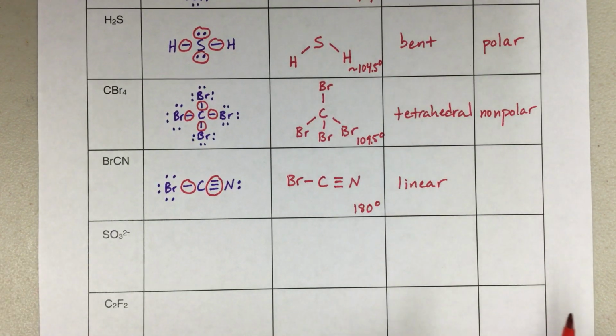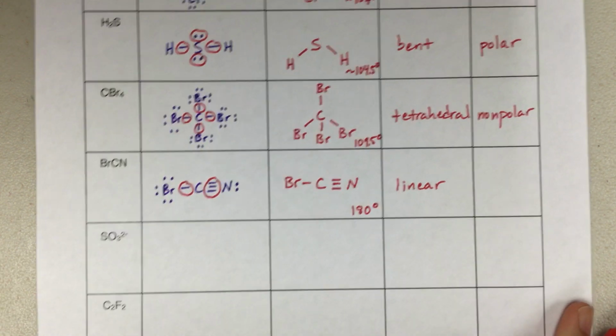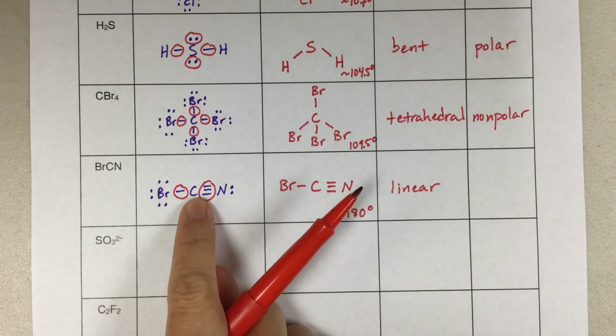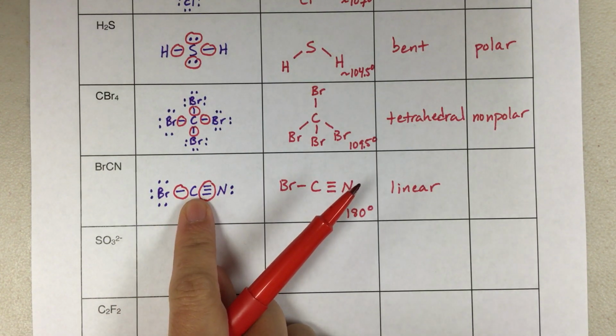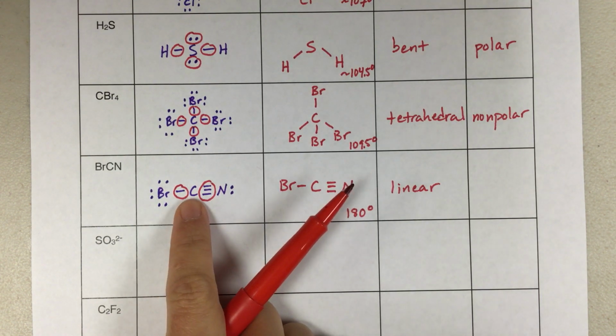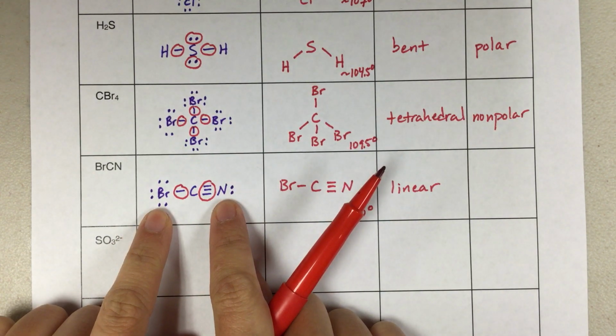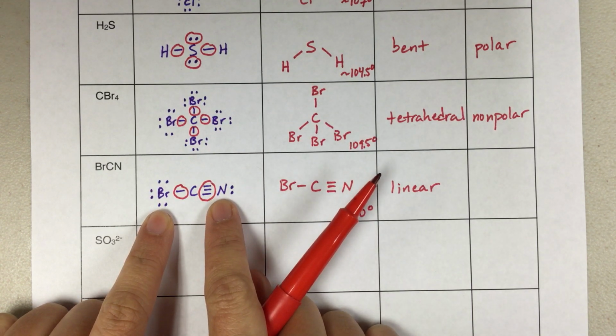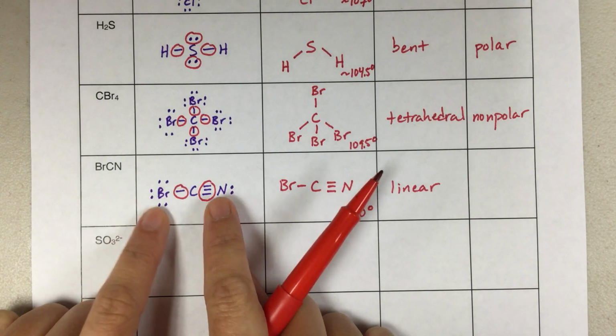Okay, and to figure out polarity, again, we go back to the Lewis structure. Are there lone pairs on the central atom? No, there are not. Is the central atom bonded to different elements? Yes, it is. Bromine is different than nitrogen. So since we answered yes to that question, this molecule is polar because it's not even.